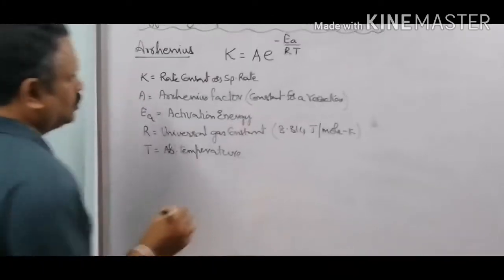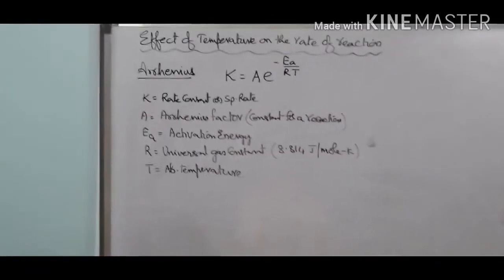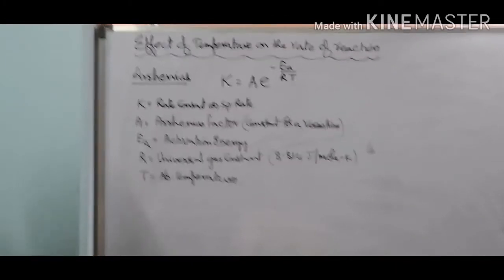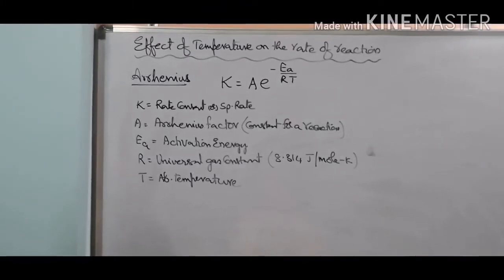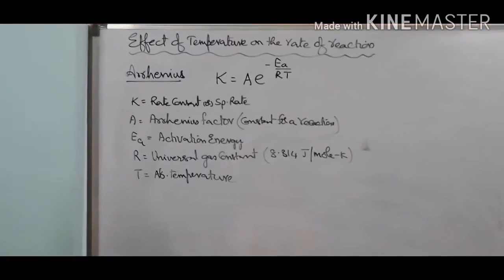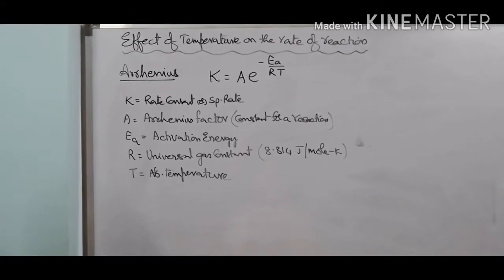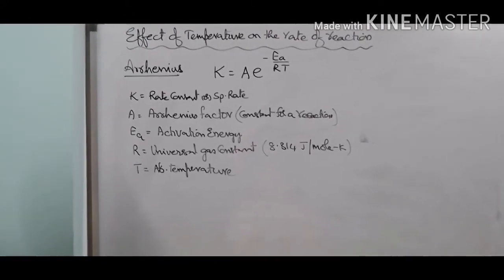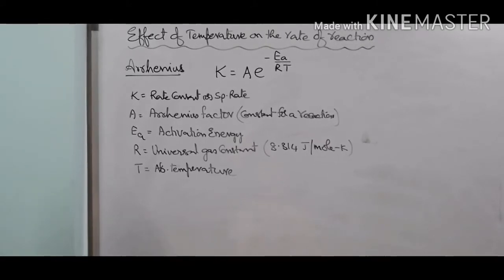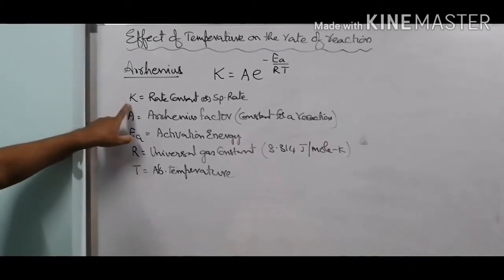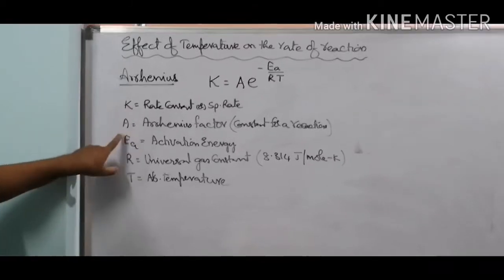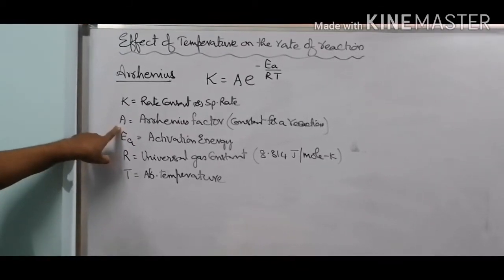So you may be asked a question: write the equation which relates the temperature effect on the rate of a reaction. That is given by Arrhenius, and we call it the Arrhenius equation after his name: k = A e^(-Ea/RT). In that, what are the terms? k stands for rate constant or specific rate, A stands for Arrhenius factor.